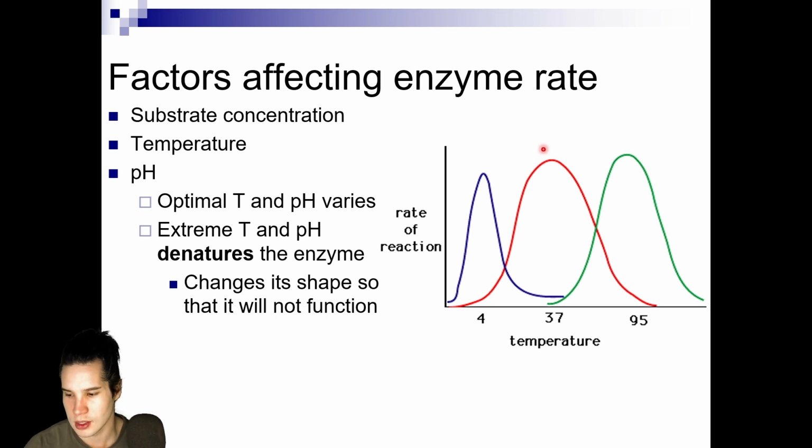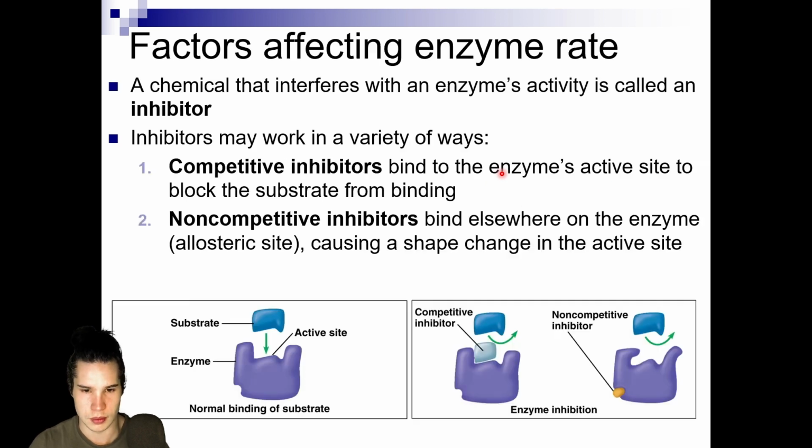We could say that that's an enzyme of some kind of bacteria that lives in our gut. And then this green line here could be an enzyme that's produced by an archaea that lives in a hot spring in Yellowstone. So all of the enzymes that organisms produce will typically function ideally at specific pH and temperature.